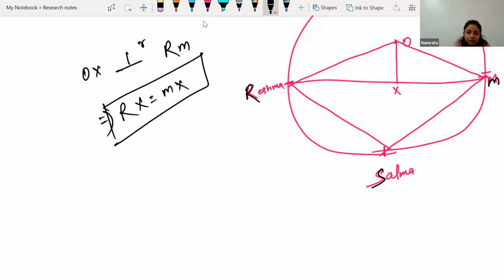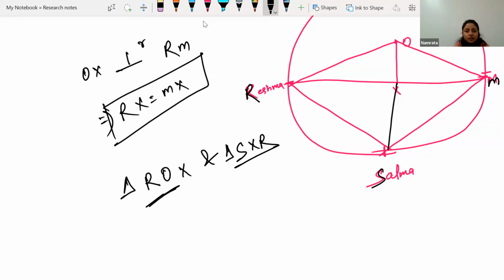Now let's see if we take these two triangles, ROX and triangle SXR. Okay, this one and this one.